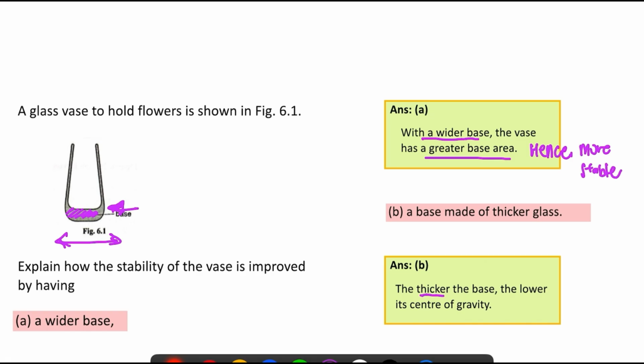So the thicker the base, the lower the center of gravity. The reason being the mass is at the bottom. Hence, more stable. So this is a really quick question. Let's move on to the next question.